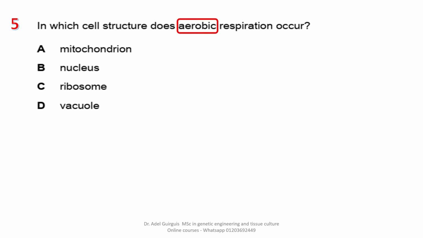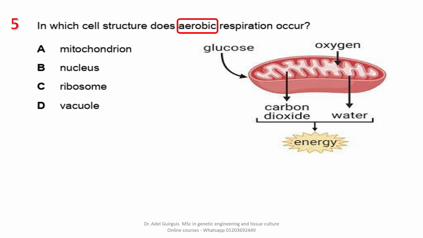Aerobic respiration takes place inside a certain essential organelle called mitochondria, where glucose, as energy foodstuff, is combined and broken down by oxygen in several enzymatic reactions inside mitochondria, to release carbon dioxide and water as waste with a lot of energy yield in the form of ATP. So the answer is A.